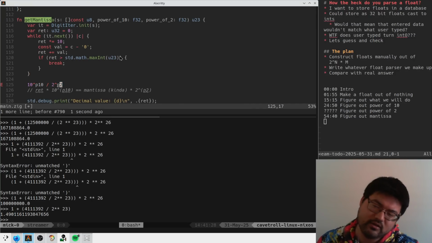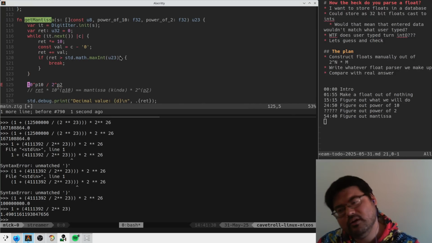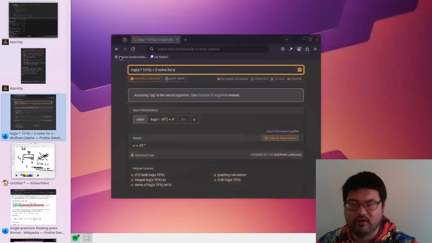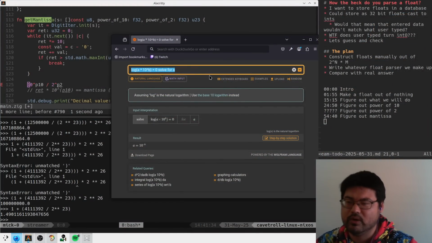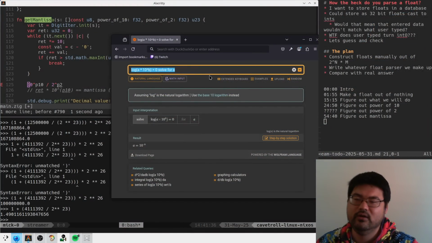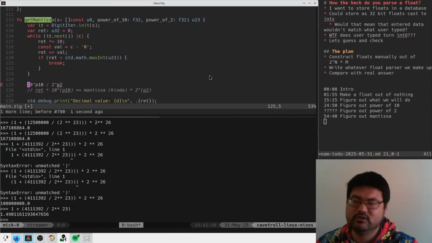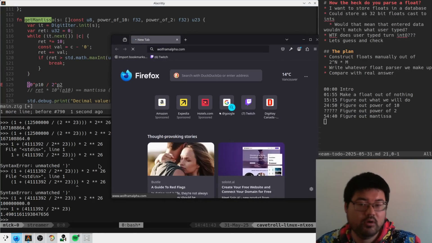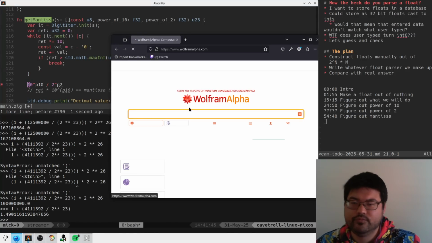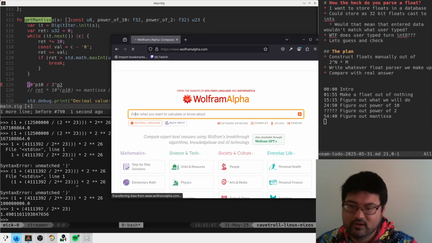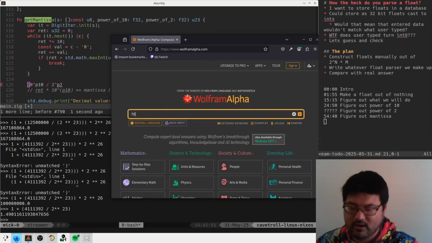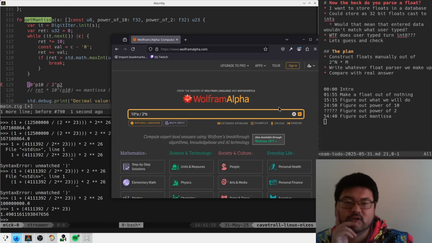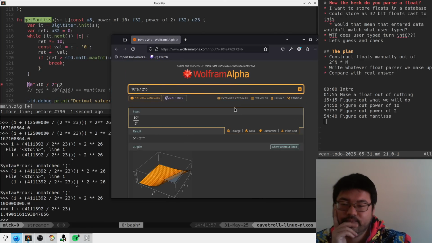Is there a way to calculate this without having to expand them? It's gotta be, right? Have we already done this? So we have 10 to the power of A divided by 2 to the power of B. Is there some sort of simplification of this?